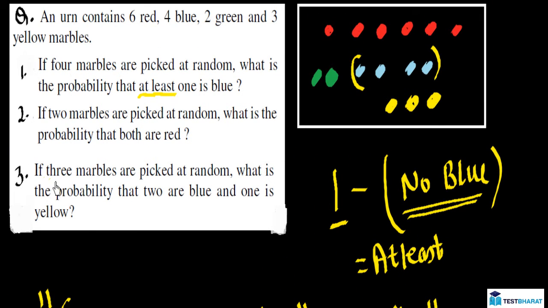In the third question, if 3 marbles are picked at random, what is the probability that 2 are blue and 1 is yellow? The total blue are 4. Out of 4 I need 2 blue, so 4C2, and the 1 I need is yellow; the total number of yellow was 3, so 3C1.